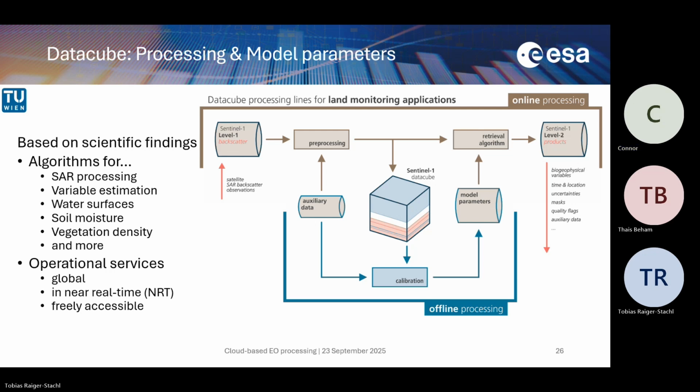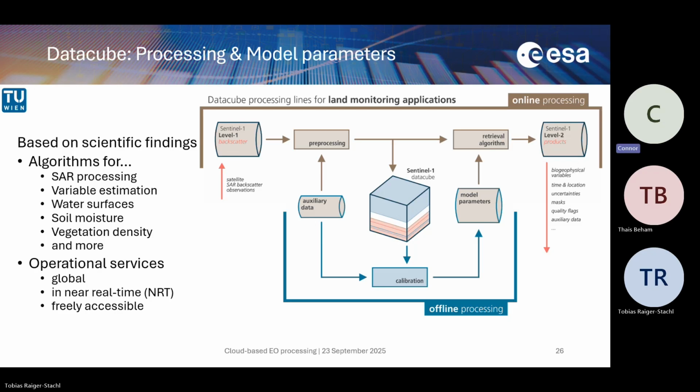So this is also an overview of how we deal with our processing in our DataCube system. There is a part that is online processing. Whenever we receive a new Sentinel-1 image, we run this pre-processing scheme that I was showing you before. We use a tailored algorithm depending on the application, so maybe soil moisture or retrieval of vegetation or water surfaces, for example.